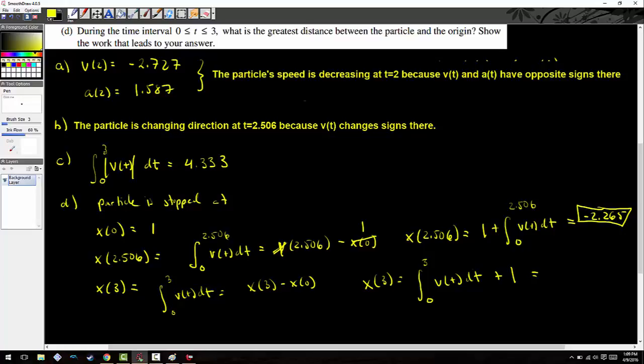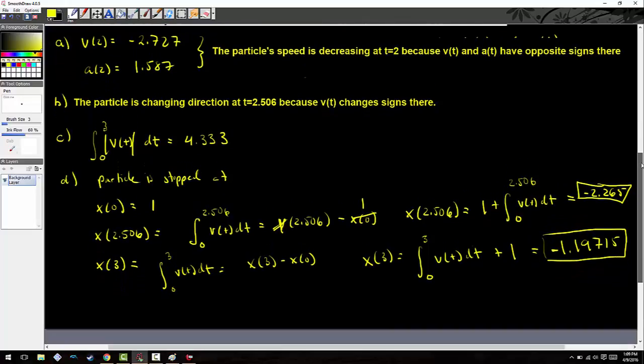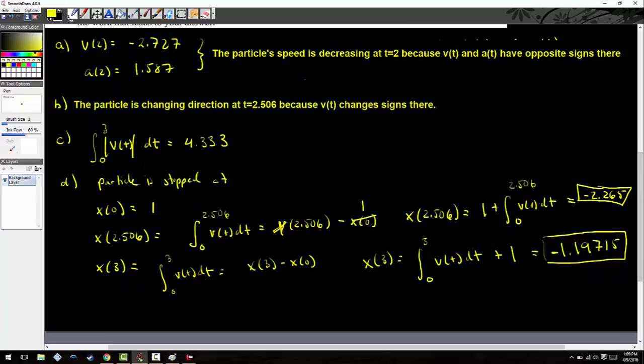Using the same method I got before, I get negative 1.19715, using the exact same thing I did for the 2.506 position. So, here are my candidates. I have negative 2.265, negative 1.19715, and 1. So, clearly, the particle is furthest from the origin at t equals 2.506.